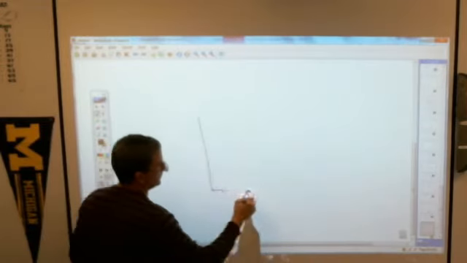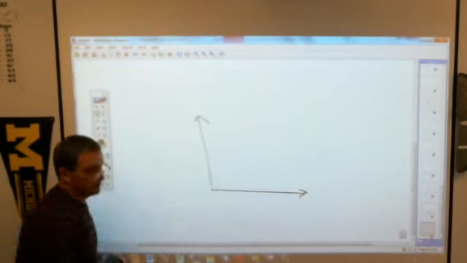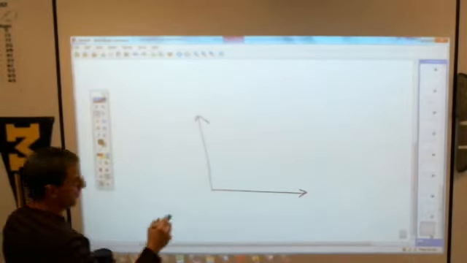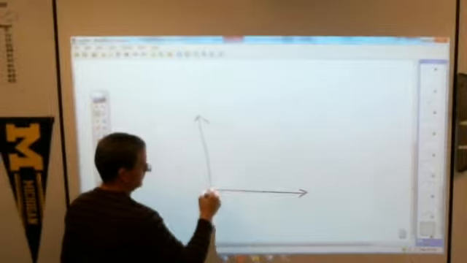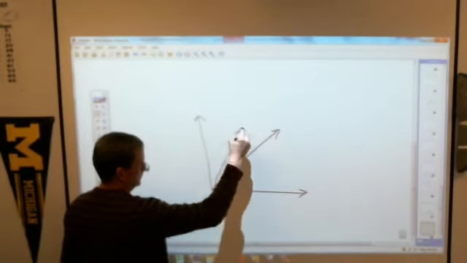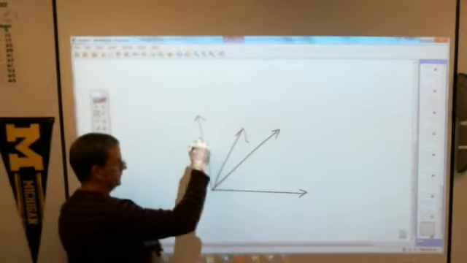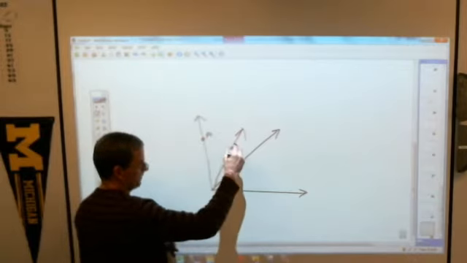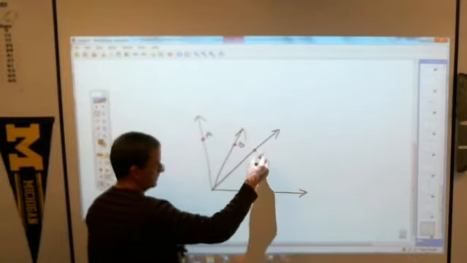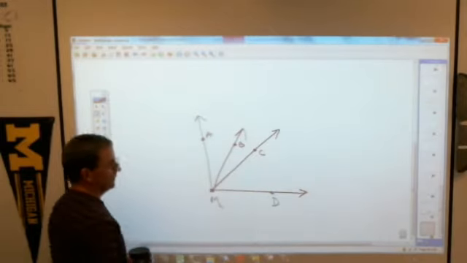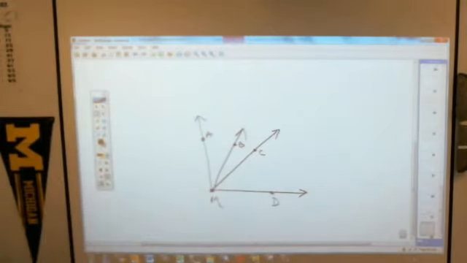You don't have to write this in your notes, but I'm going to put it up here. What do we got? A, B, C, M, D. A, B, C, D, M. You will see there in the practice part, it gives you a shape that looks like that.